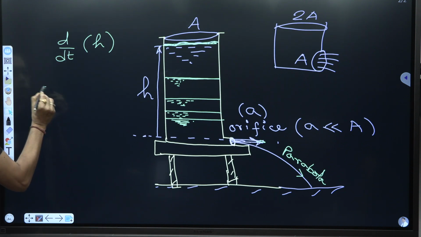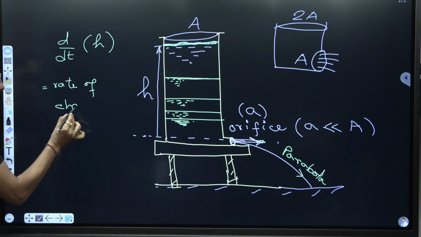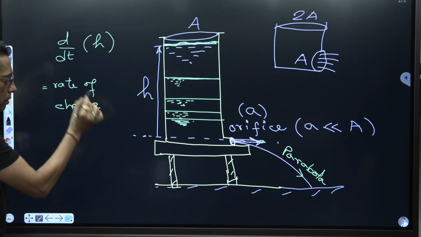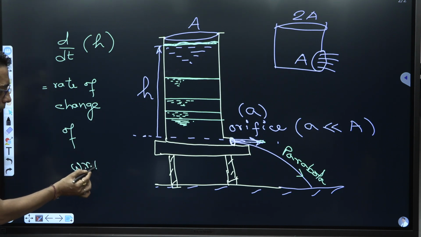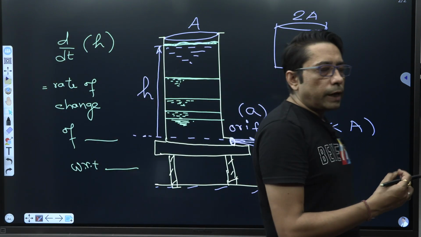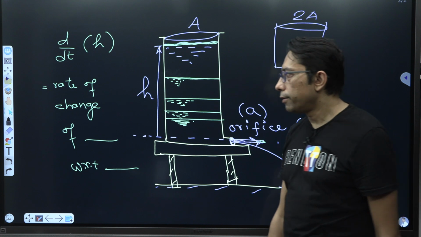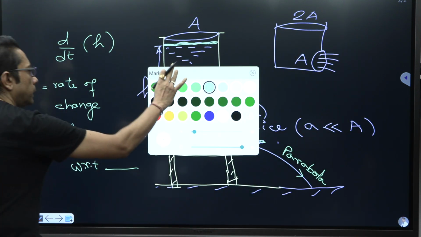Let us write it. What does it represent? Write rate of change of what and with respect to what? Rate of change of what? Which quantity is changing in this picture?